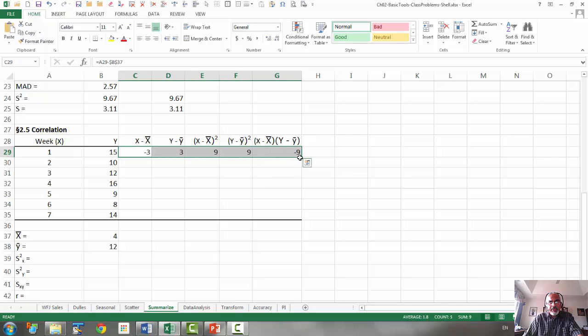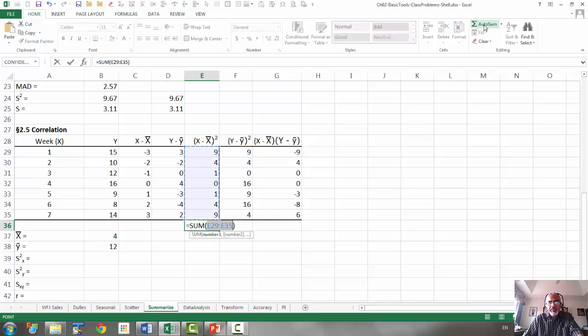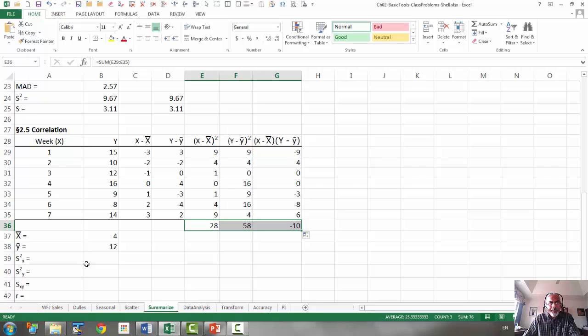Copy all of that. And then let's put the bottom border back. And now we want the sum of these three columns. So let's sum that, and we'll go like that.